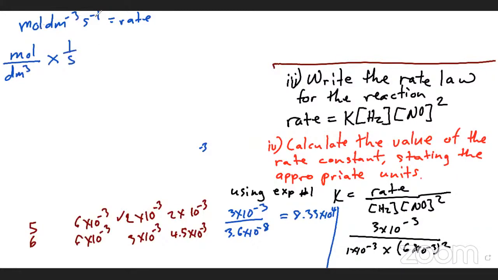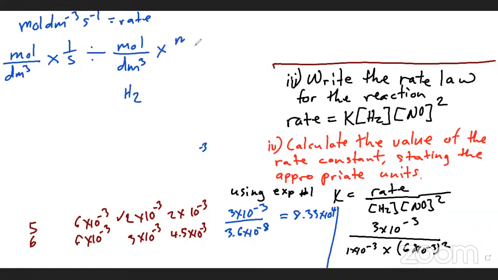So moles per dm cube per second. And remember, we are dividing it now by the concentration of H. Remember, concentration is mole per dm cube. So this is for hydrogen, and we're timesing it by NO.